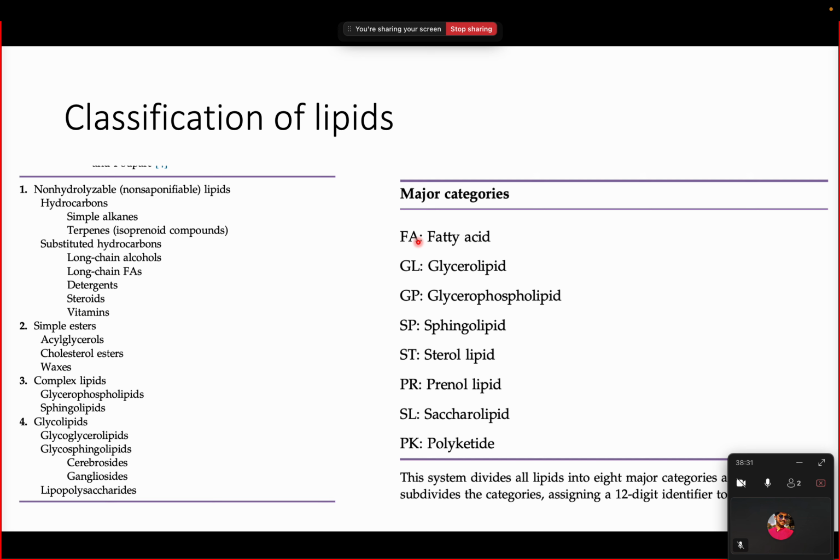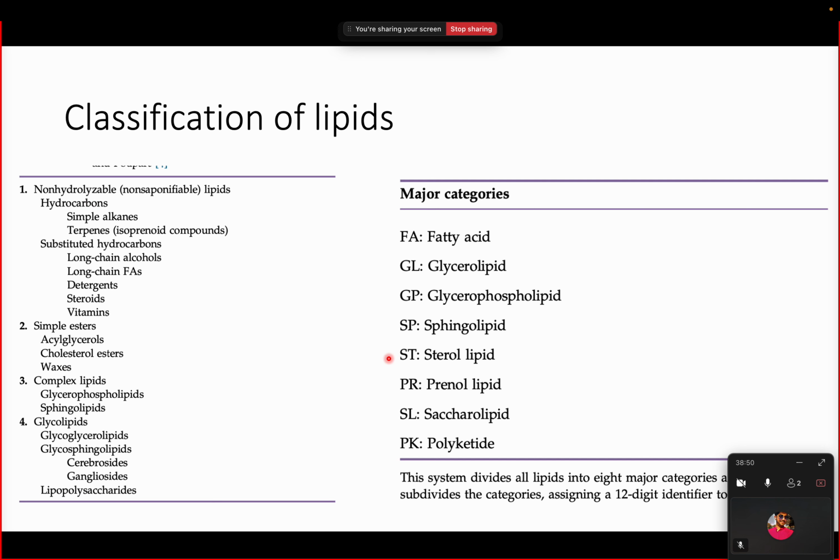So the classification of lipids can be done on the basis of non-hydrolyzable lipids, simple esters, complex lipids, glycolipids. The major types of lipids present in the cell membrane belong to these categories.